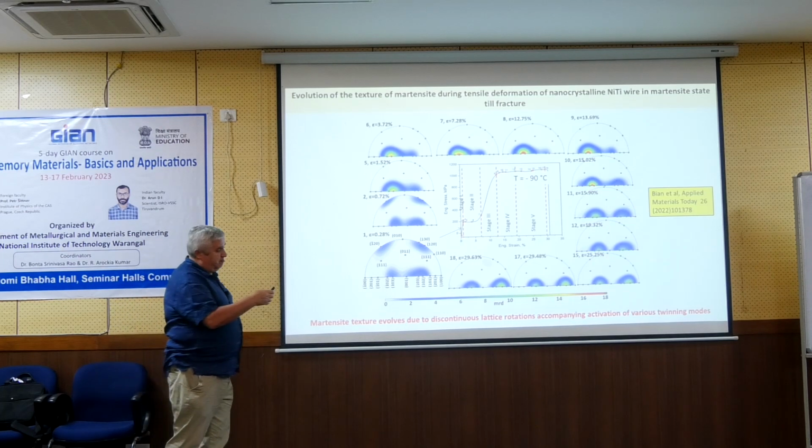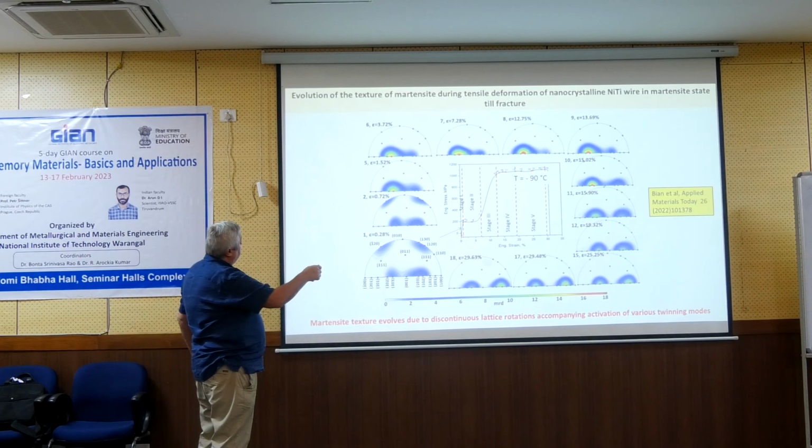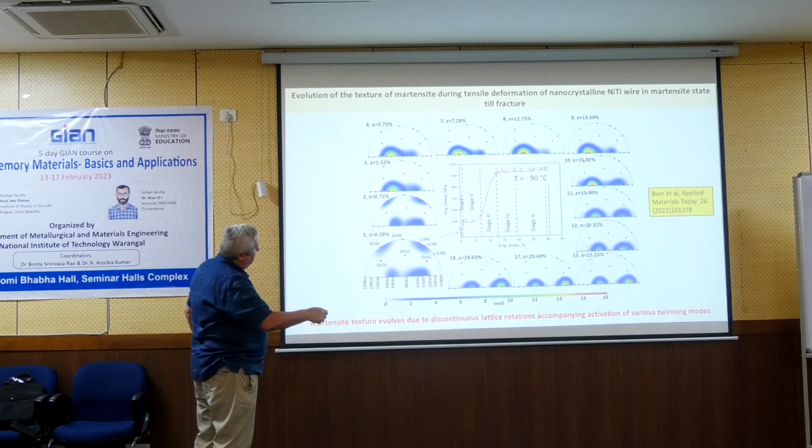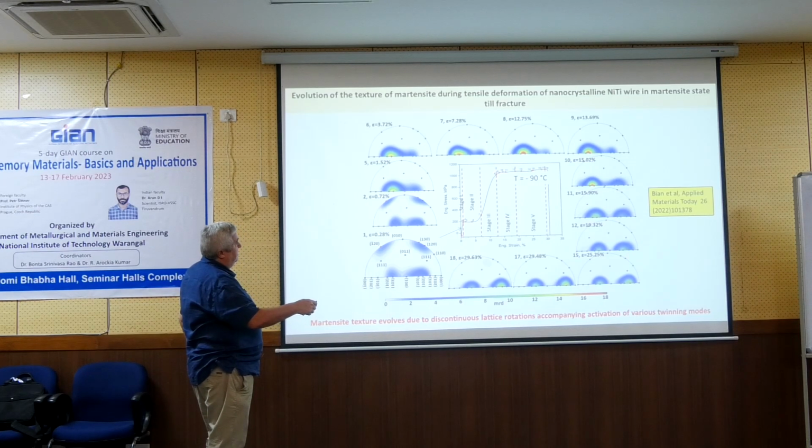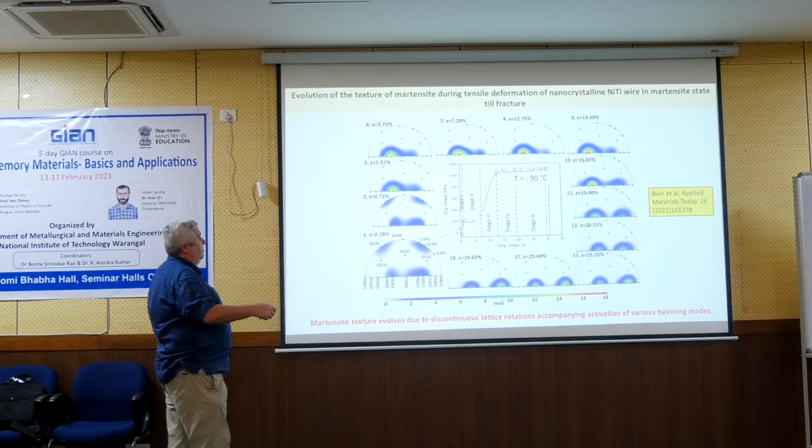And so now in stage 6 I have these 2 twins, and when I load it in 7 and 8 I still have 2 twins. So here we call it the elastic range of the martensite.